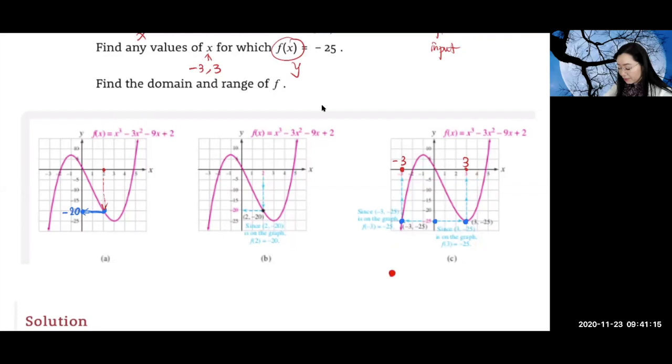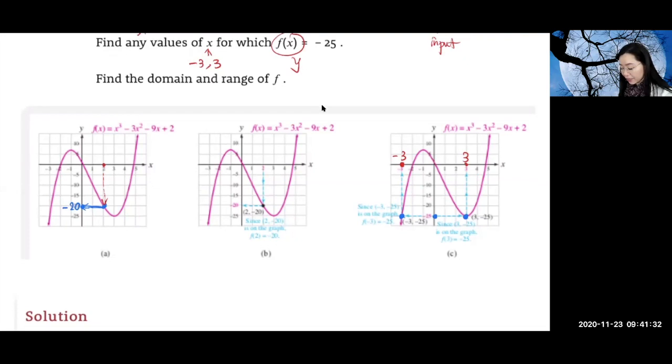The graph over here goes on like this, actually going to continue forever. So when you project to this x-axis, we see what kind of x coordinate they take. It looks like it takes on every number on this x-axis.